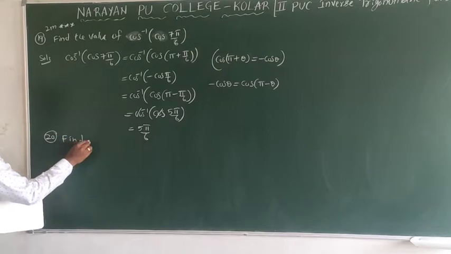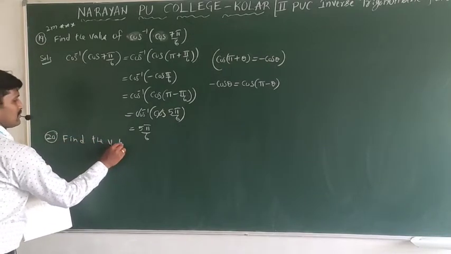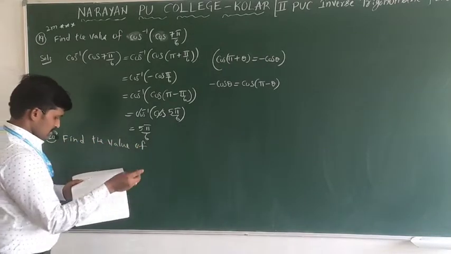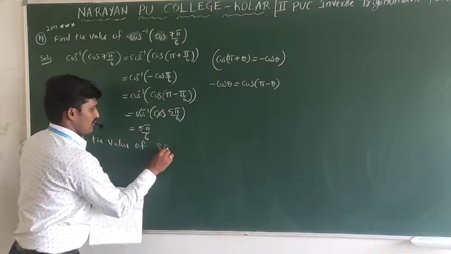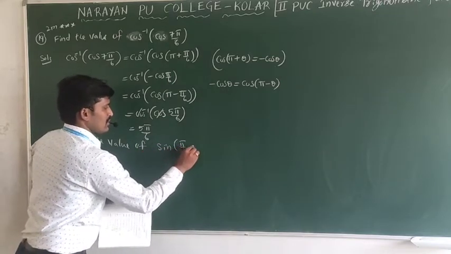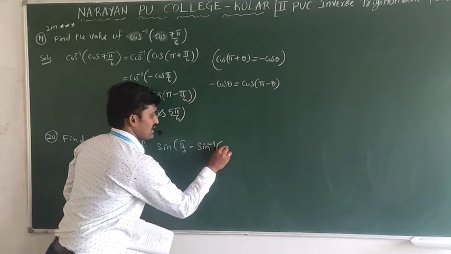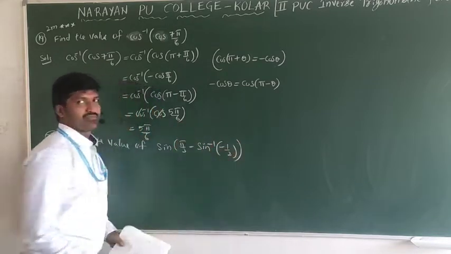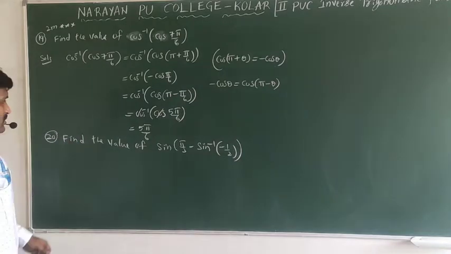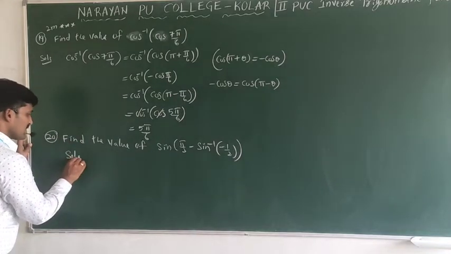Find the value of sine of pi by 3 minus sine inverse of minus 1 by 2. This value we need to find out. It's very easy.